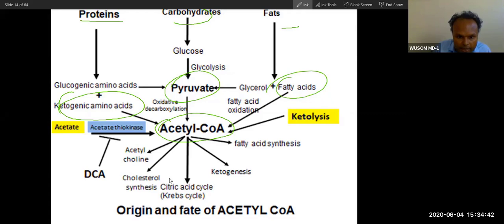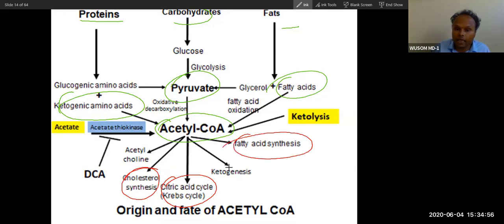A very important fate is the citric acid cycle in fed condition. In fed condition, it will produce energy in the citric acid cycle. It also produces cholesterol during fed condition. It also produces fatty acid during fed condition. But in fasting condition, it will produce ketone body. And you know, this is your MSK.